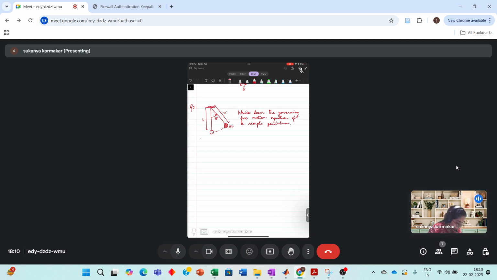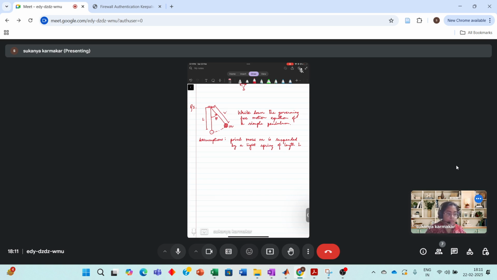And what are the assumptions? The assumption is point mass m is suspended by a light string. Why light string? Because I want it to be weightless. See, nothing can be weightless, but its weight in comparison to that ball will be very small.